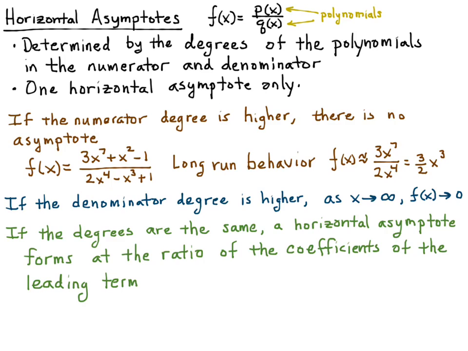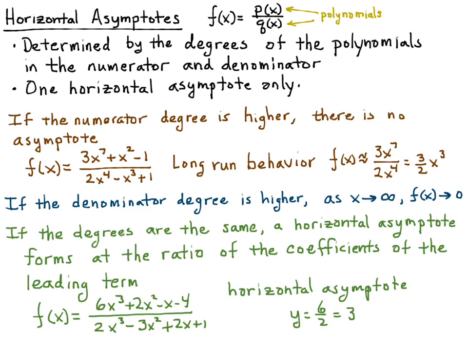Okay, so those are the three things to remember. And so here's the example, 6x cubed plus other things over 2x cubed plus other things approximates 6x cubed over 2x cubed, so the x cubes cancel out, and so my horizontal asymptote is going to be 3.